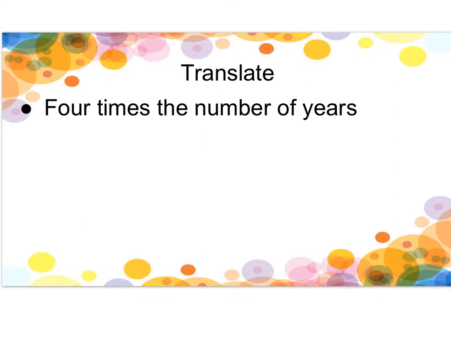All right, let's try again. We're going to have 4 times the number of years. So I want to find my operation and circle it. So I think here I have an operation, and I want to underline my variable, the number of years. I'm not sure how many years, so that's my unknown or my variable.